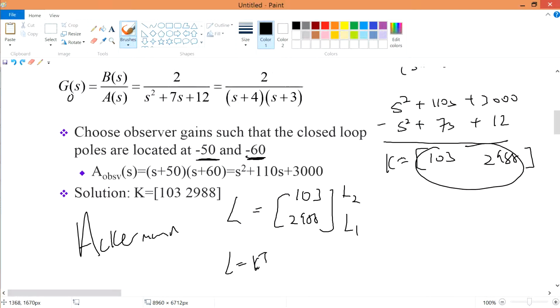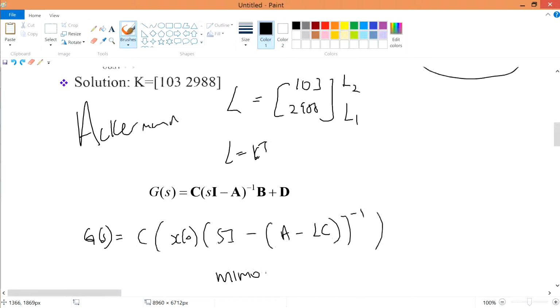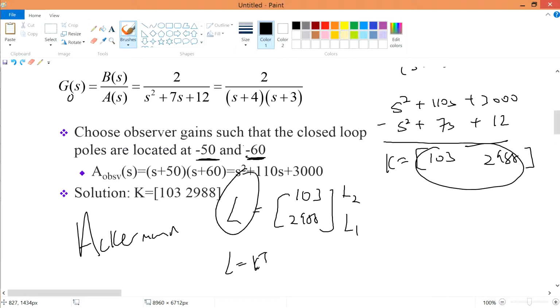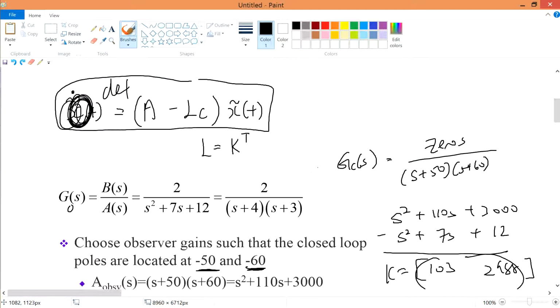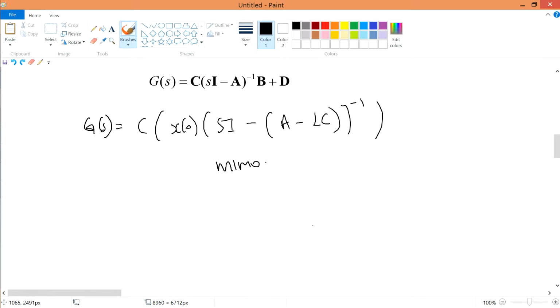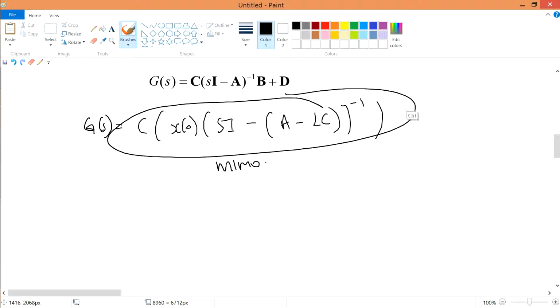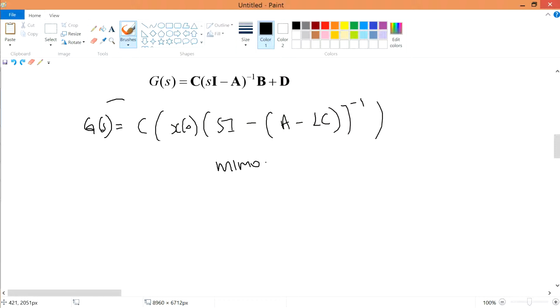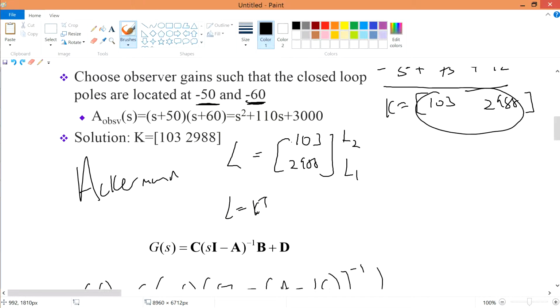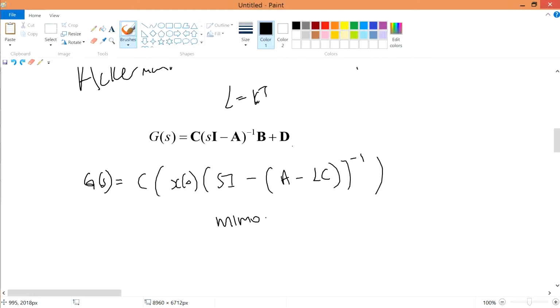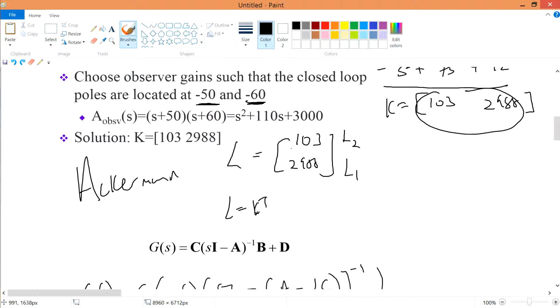Since you have already understood what we need to use for L, because our purpose for L is to just sub it into the transfer function equation, and then you can know your overall transfer function straight away. As I mentioned just now, in the next video we'll use Ackermann's method, and that's it.